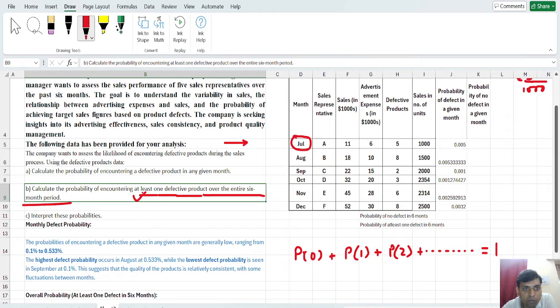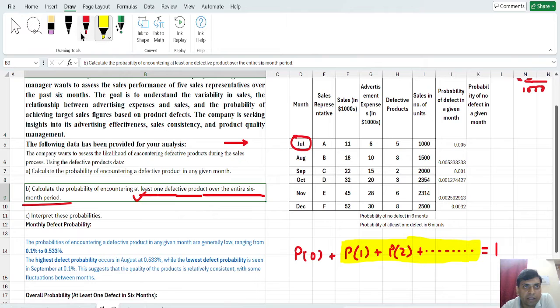Now this is the case of probability of at least one defect. This means there may be one defect or more. So this may be 1, this may be 2, this may be 3, and so on. You need to find the probability of that part.